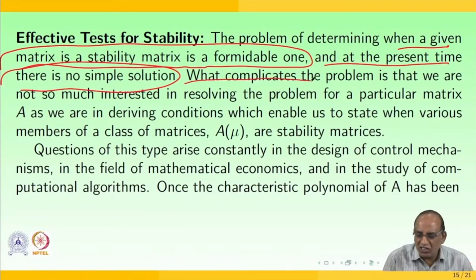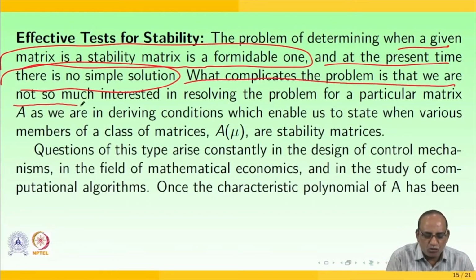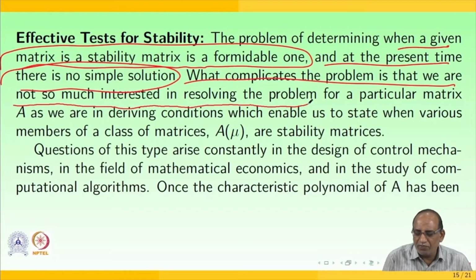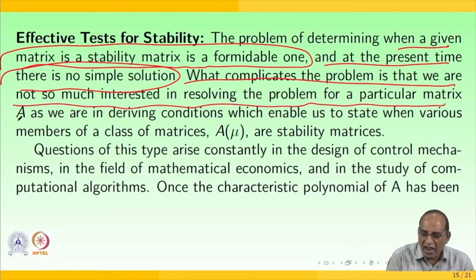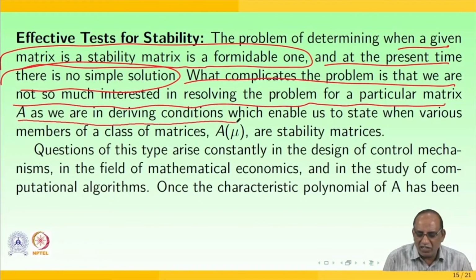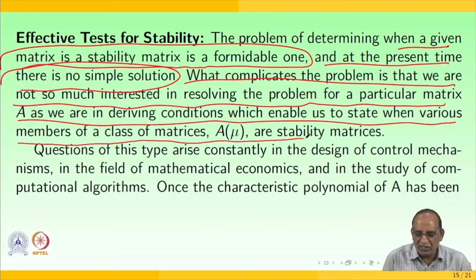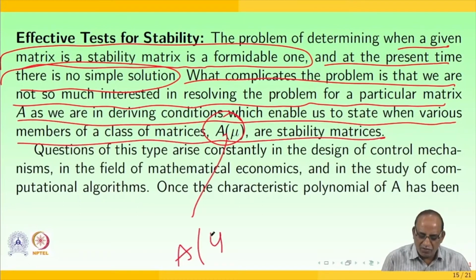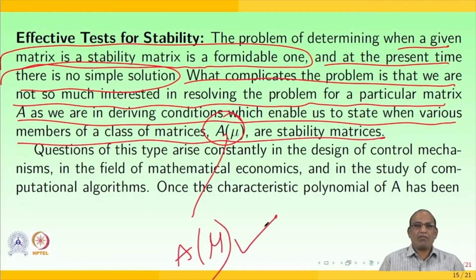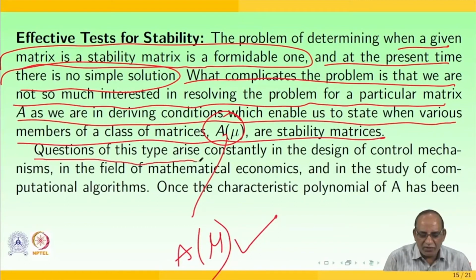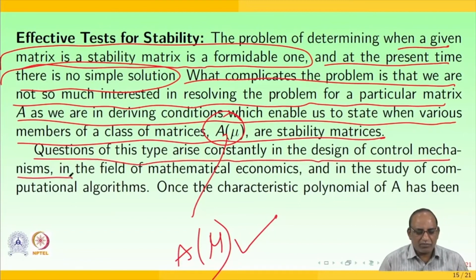What complicates the problem is that we are not so much interested in resolving it for a particular matrix as in deriving conditions which enable us to state when various members of a class of matrices A(μ) are stable matrices. Questions of this type arise constantly in the design of control mechanisms.